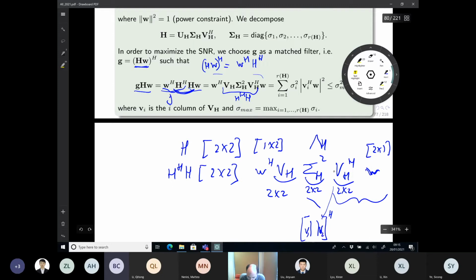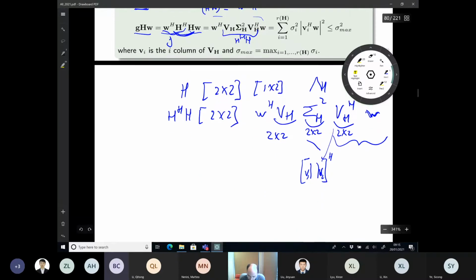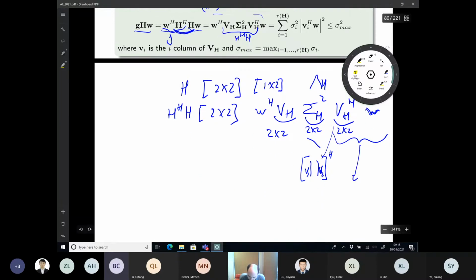Those are the two eigenvectors that I have in this matrix. And I multiply by W. So what I end up with, I'm going to have W multiplied by V1 Hermitian and W multiplied by V2 Hermitian. So if I write this down here, I'm going to have V1 Hermitian multiplied by W. I'm going to have V2 Hermitian multiplied by W. That's going to be this matrix there, right?